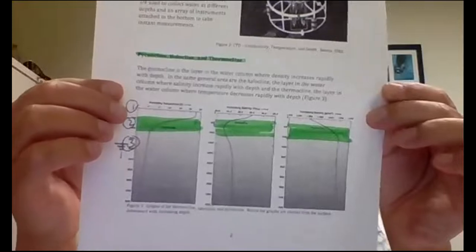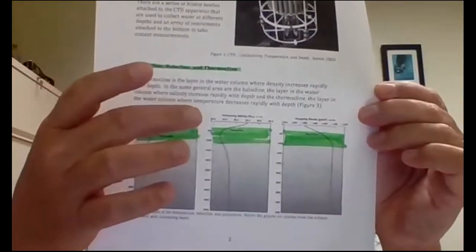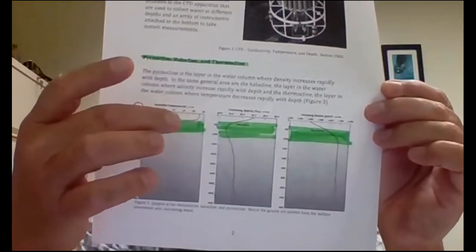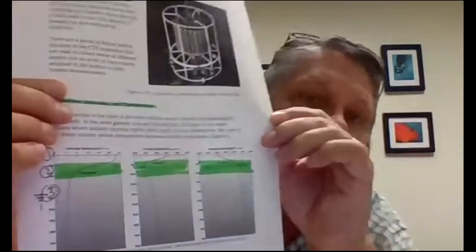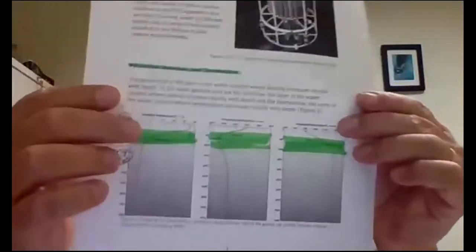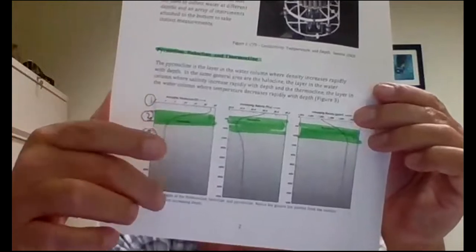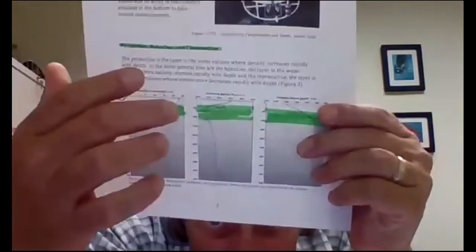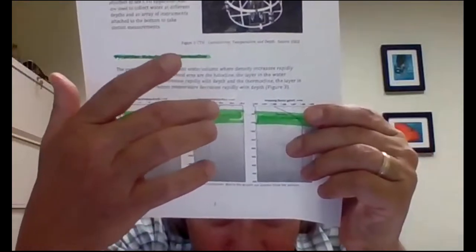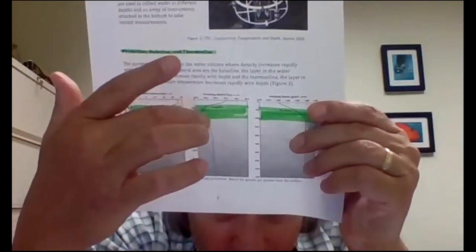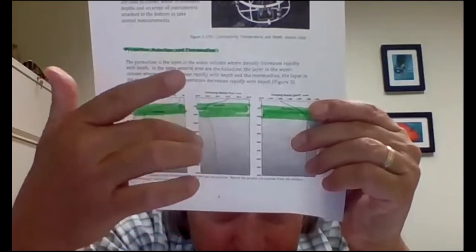So when we're looking at temperature, you have high temperature and then a thermocline, which is a sudden decrease in temperature, and then it stabilizes. The middle one, salinity: you have a variable salinity and then a halocline, and then you stabilize.